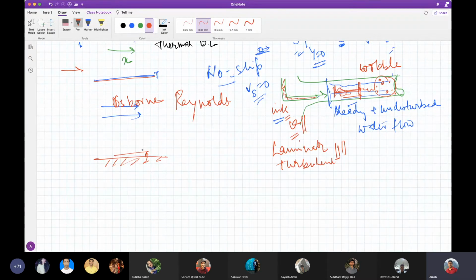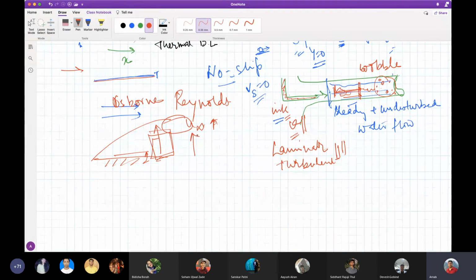As you go away, in this direction, it is still predominantly conduction. But as you approach towards U infinity, in this region you have both the advection plus the conduction, and the degree of conduction decreases as you go away from the surface.